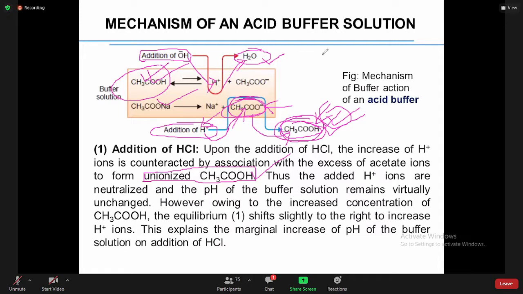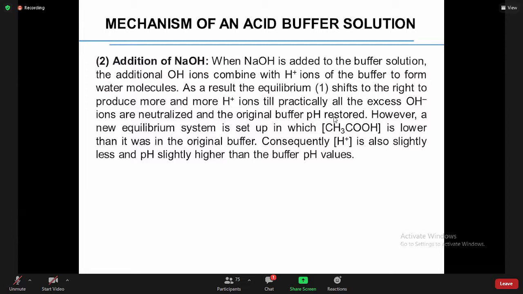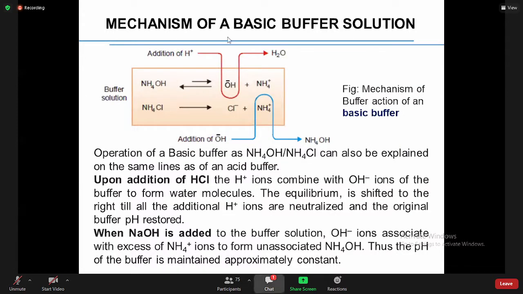Is it clear? Yes, sir. Now, if we discuss the basic part of the buffer solution, the basic buffer solution, again a similar thing: addition of hydrogen ion in the case of a basic buffer solution.